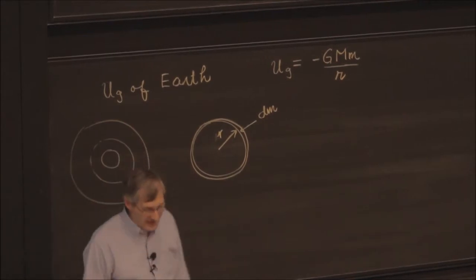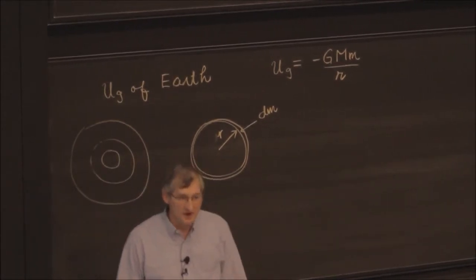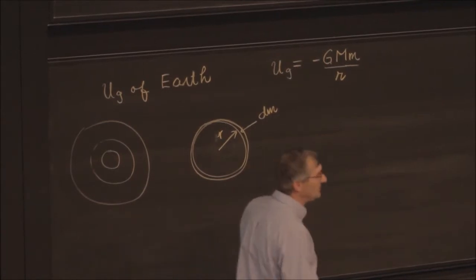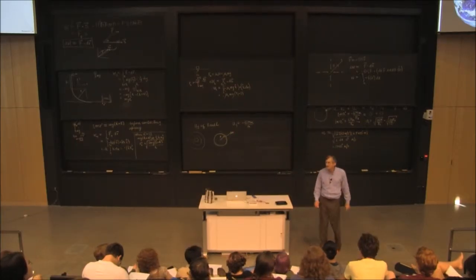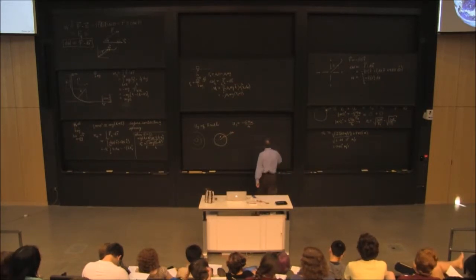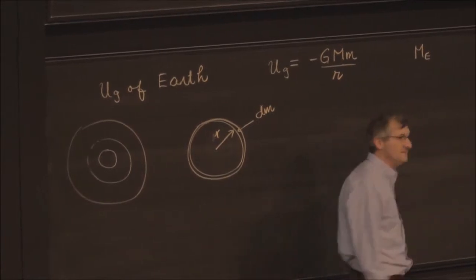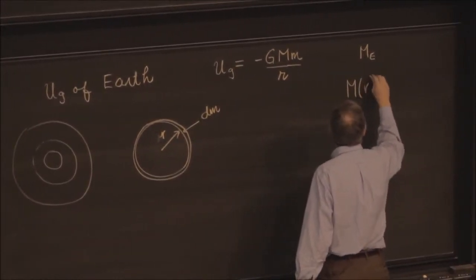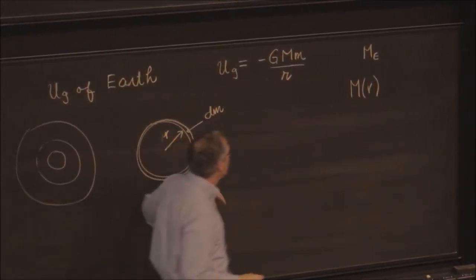So I have a question for you. How does the mass of what's already here depend on the radius if it's a uniform density? I don't want all the constants. I want to be cheap. Okay, let's say that the mass of the entire Earth is m sub e. So I want to know what's the mass at radius r. So I've already built up a smaller radius r.